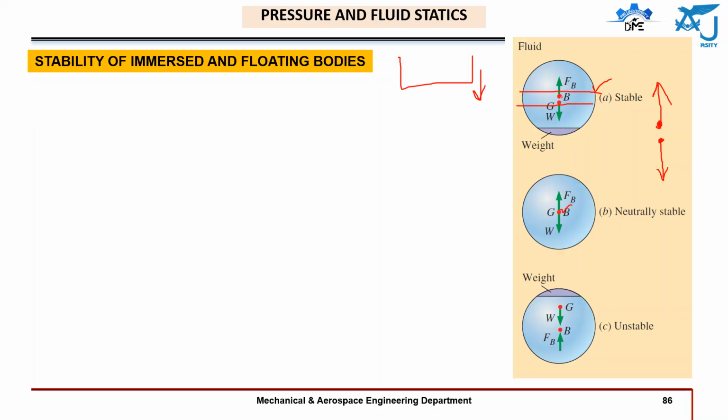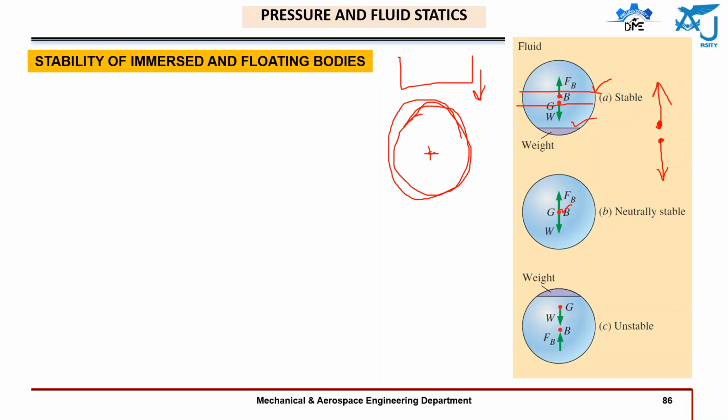But we cannot change the centroid of a body. But we can shift its center of gravity, because the centroid depends on the shape of your body, but the center of gravity depends upon where your mass is more concentrated.